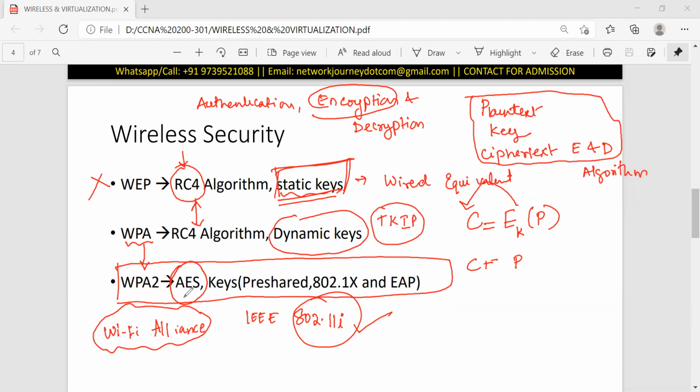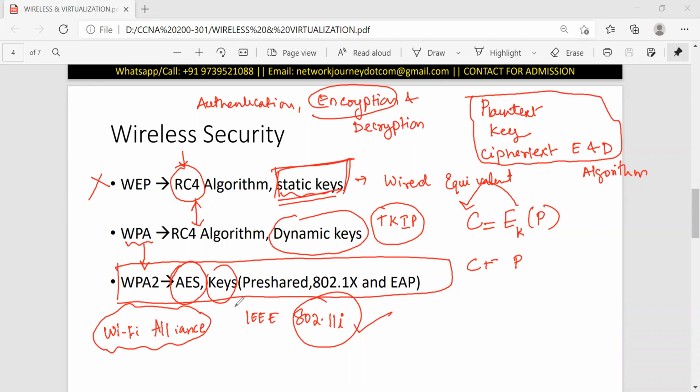So far no one has compromised it because it has good strength. No weakness has been found so far for the AES algorithm, and the keys you create can be a pre-shared key or can be created using 802.1x and EAP.